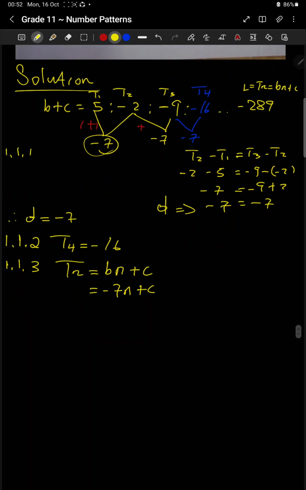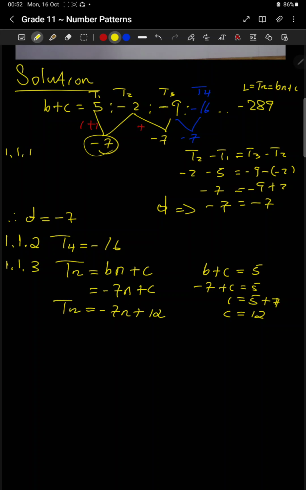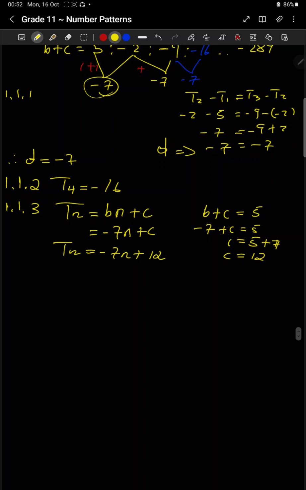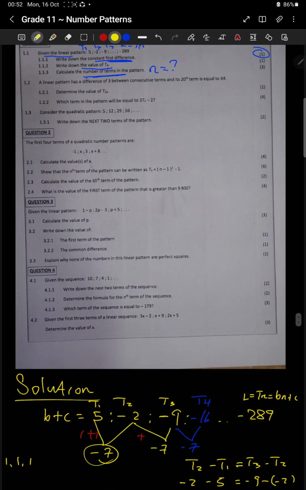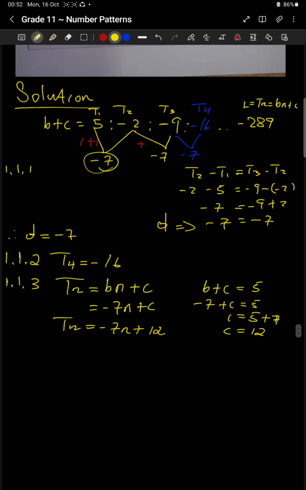So b plus c is equal to the first term, which is 5. So b is -7, plus c is equal to 5, and that means c must be 12. So therefore the formula must be Tn equals -7n plus 12. And then from here, as they say, we must determine the number of terms.